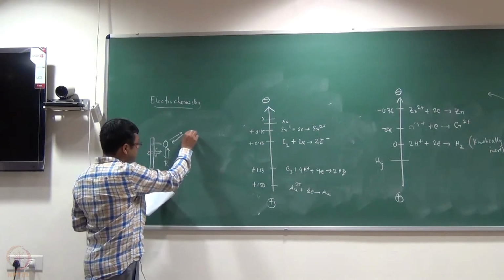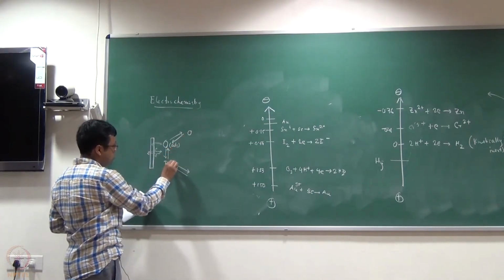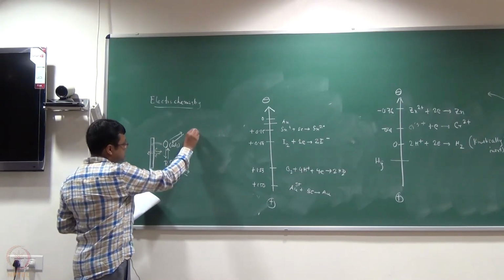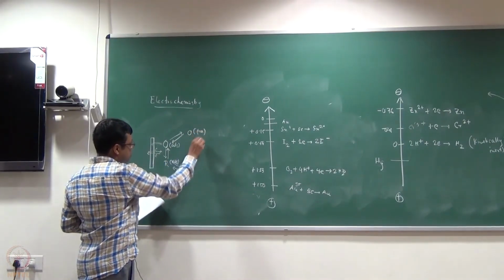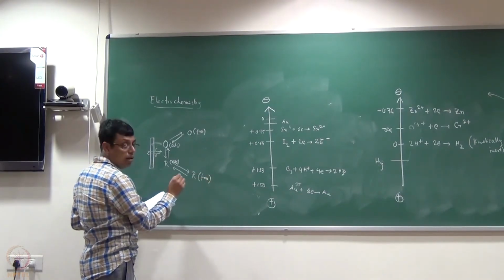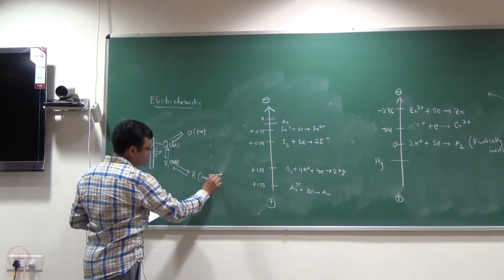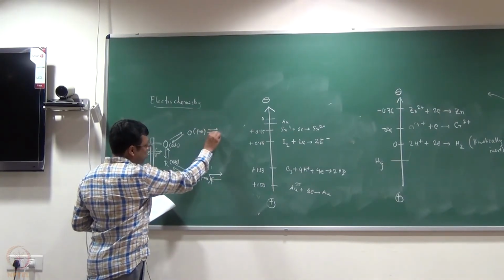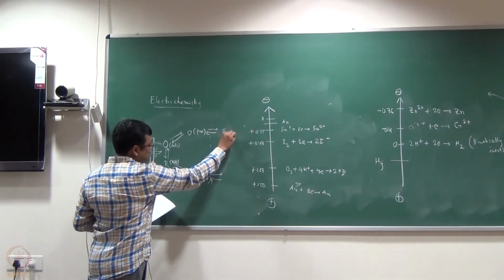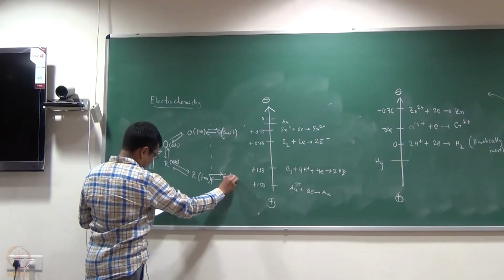And then I'll have adsorbed oxidant and adsorbed reductant. And this is free oxidant and free reductant, and this can be in the vicinity of the electrode. Finally this would also diffuse to the bulk, so there is oxidant in bulk and reductant in bulk.